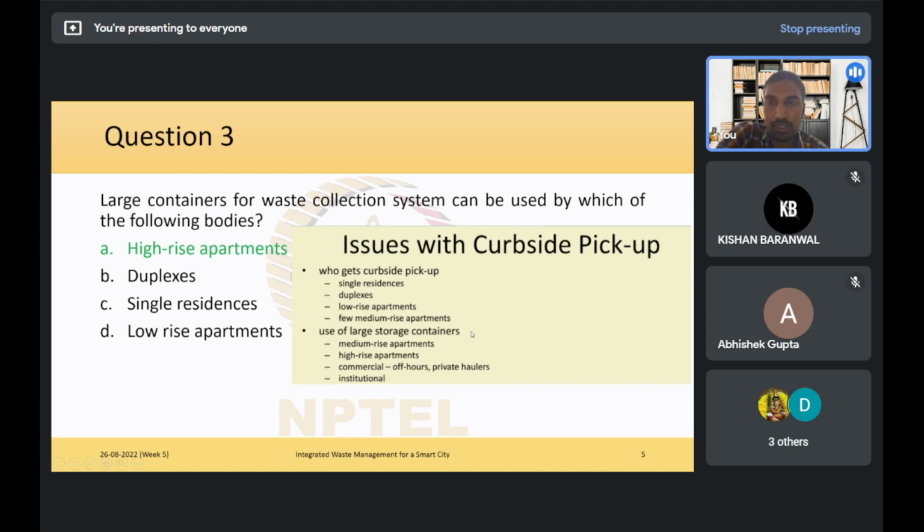Whereas we go for large storage containers in medium-rise apartments, high-rise apartments, commercial and institutional buildings, right? Because more waste, or a higher rate of waste, will be generated in those cases. So that's why we go for large containers. Any questions?